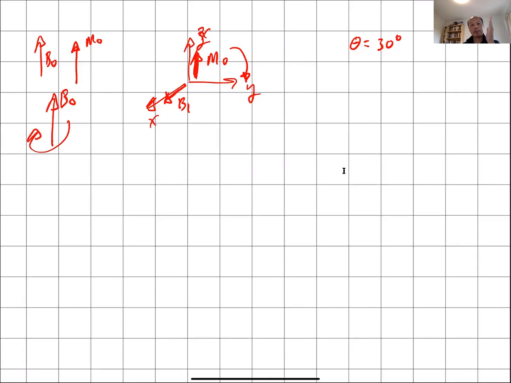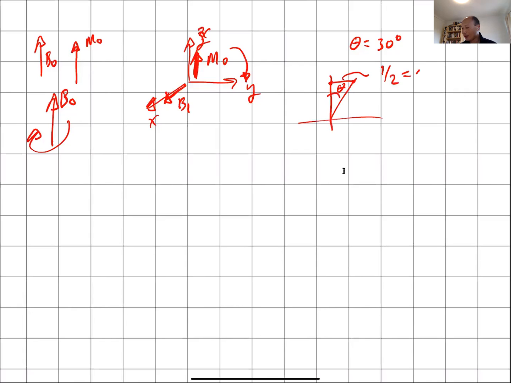So it's basically going to tip the magnetization a bit onto the y-axis, and there'll still be some on the z-axis. At the end, if I have a 30-degree tip angle, and this magnitude is 1, then on this axis it's just sine theta, so that's going to be 1/2.